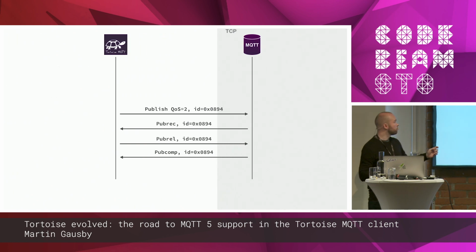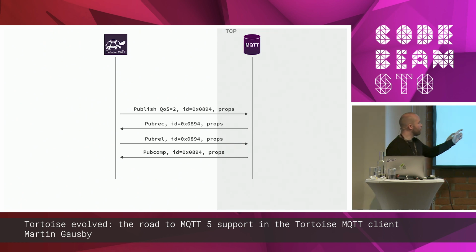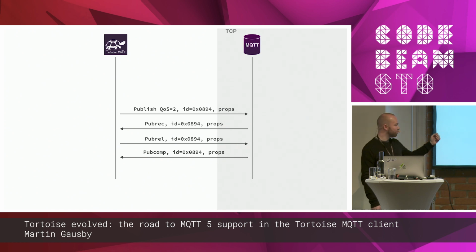If we focus on this part, what's happening between Tortoise and the MQTT server, now we basically have properties on all the protocol packages, and this means that we need to expose these to the end user, because there might be something in the properties for the pub_rec, for instance, or the pub_comp that the user would like to hear about.